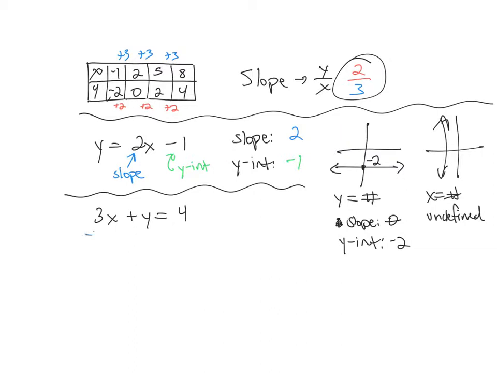So I need to make it into slope-intercept form by moving the x over. And now I can say the slope is -3 and the y-intercept is 4.